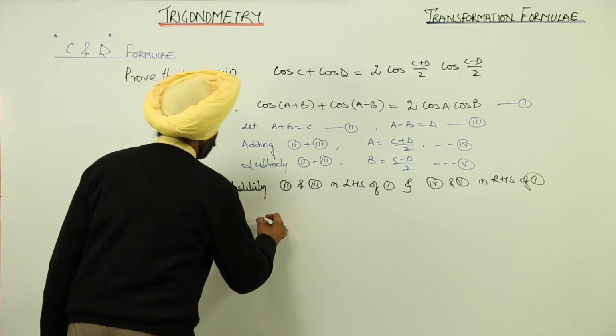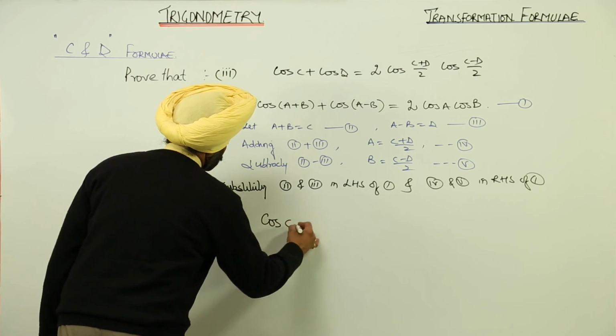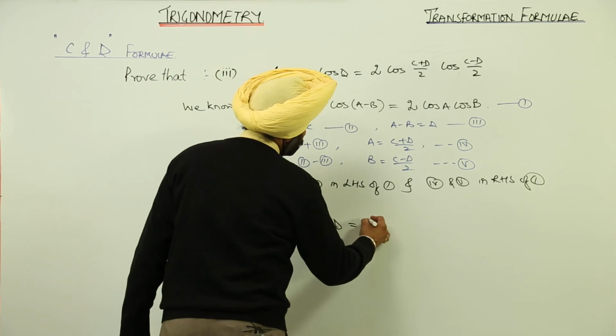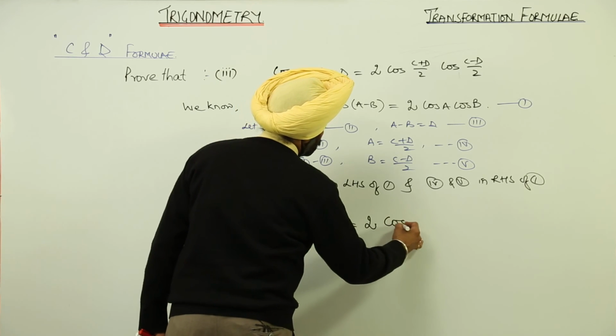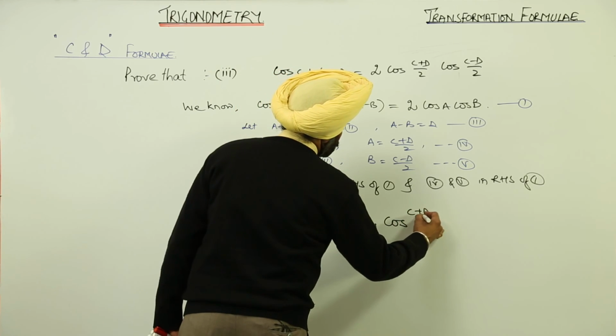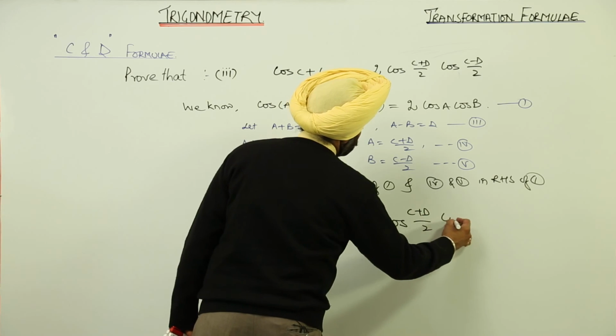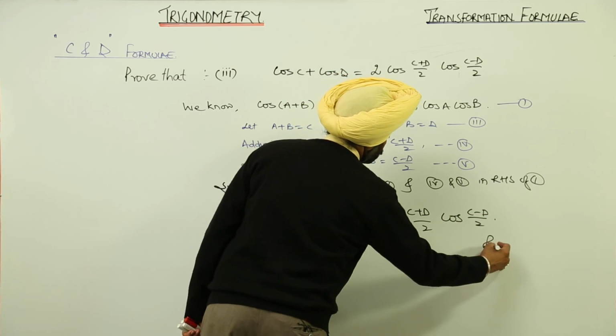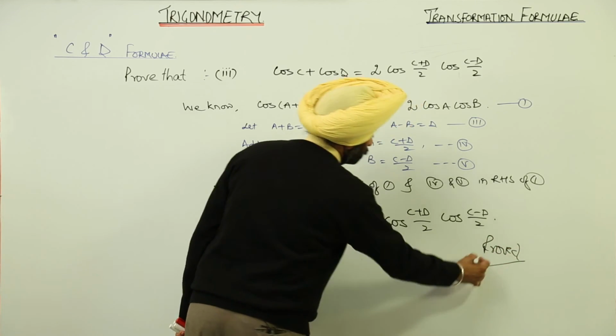What we are having? Cos C minus cos D is equal to twice of cos C plus D upon 2 cos C minus D upon 2. Proved.